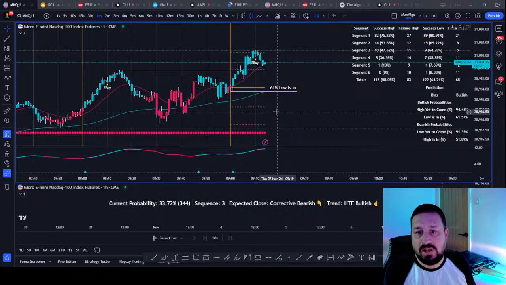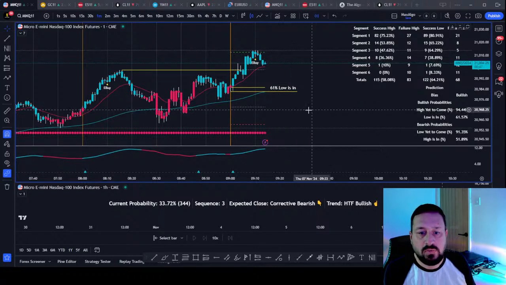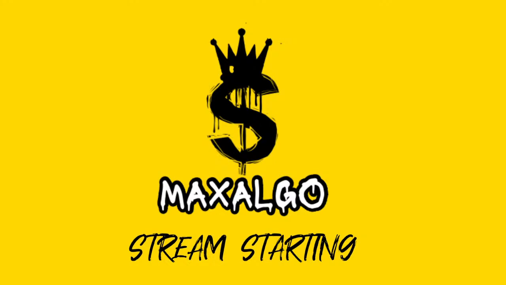So let me just move my trading window. So I've got the trades up on this one and not on the other one. Won't be 2 seconds. I'll move you to the nice stream starting image while I just log in. Log out of that one. Where the hell is it?